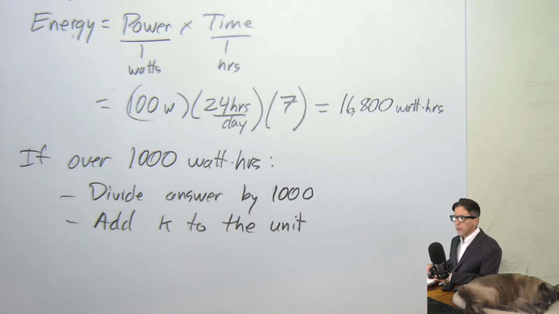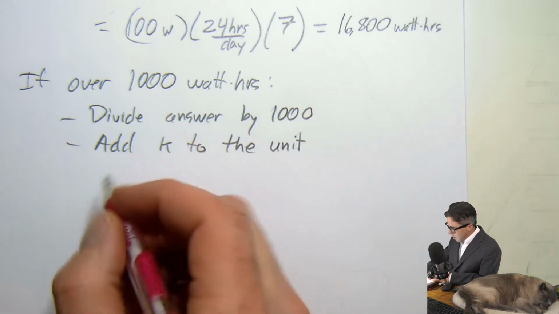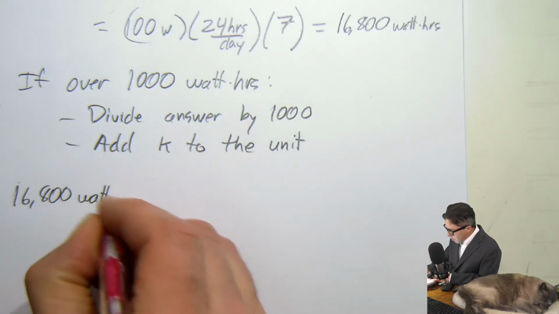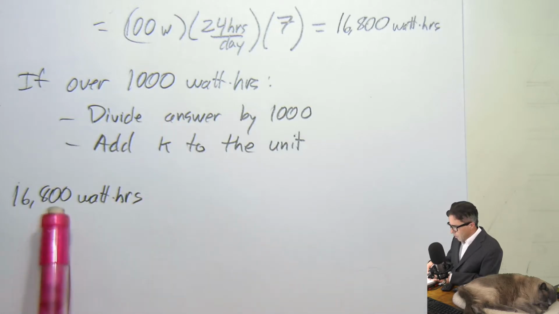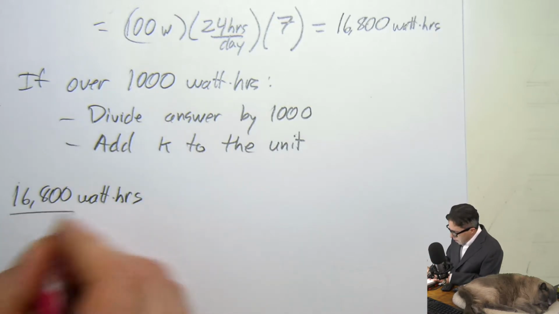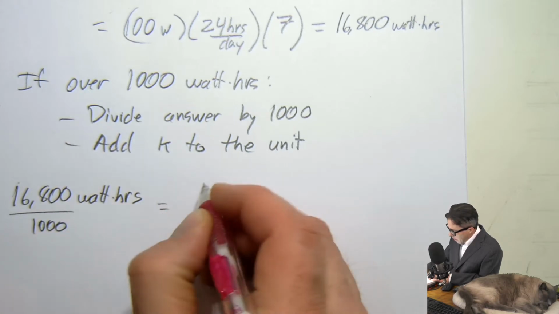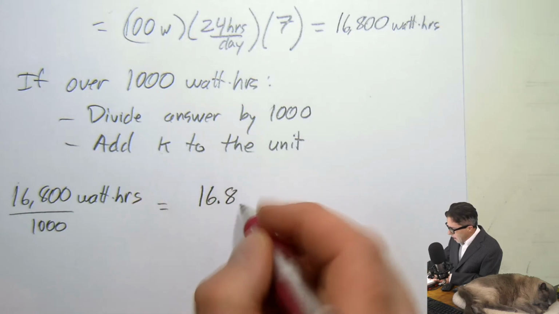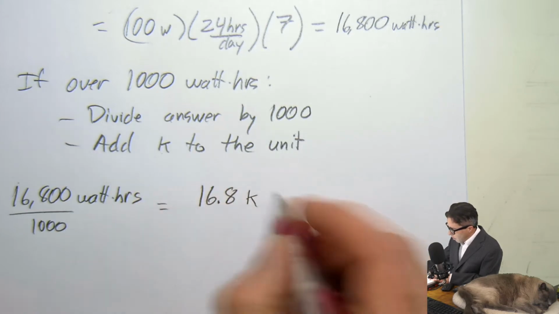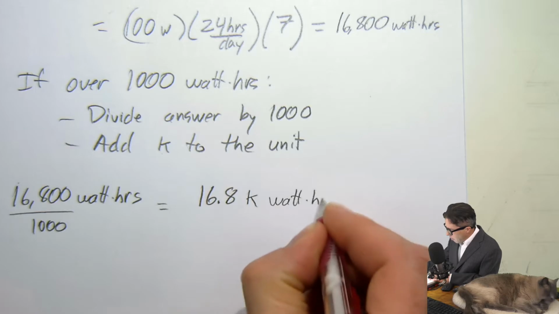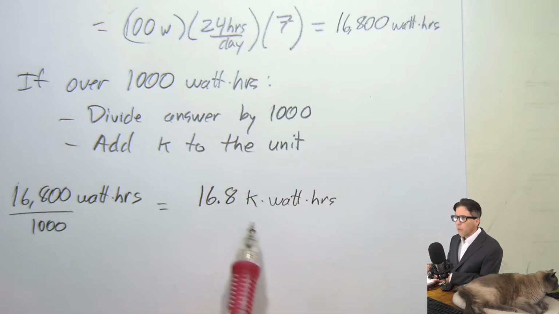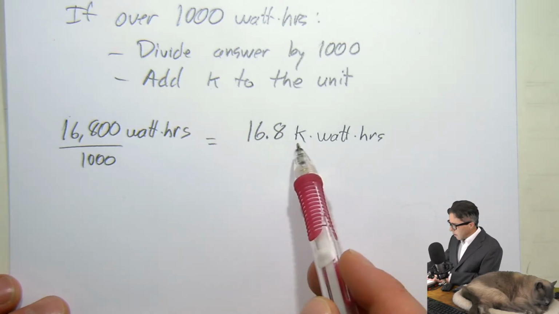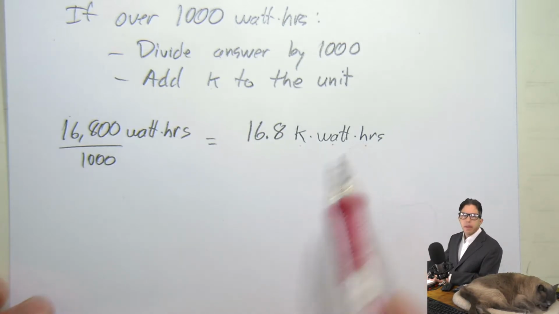All right, so like this. So 16,800 watt hours. It's over 1,000, so I'm going to divide by 1,000, and I get 16.8, and I'm going to add K to watt hours, right? So the way that verbally reads is 16.8 kilowatt hours.